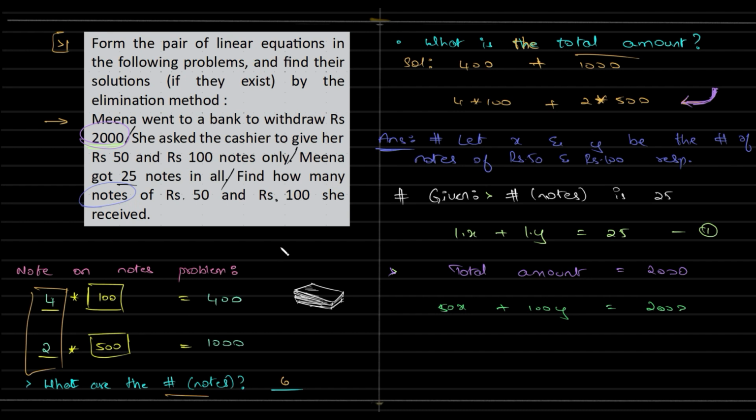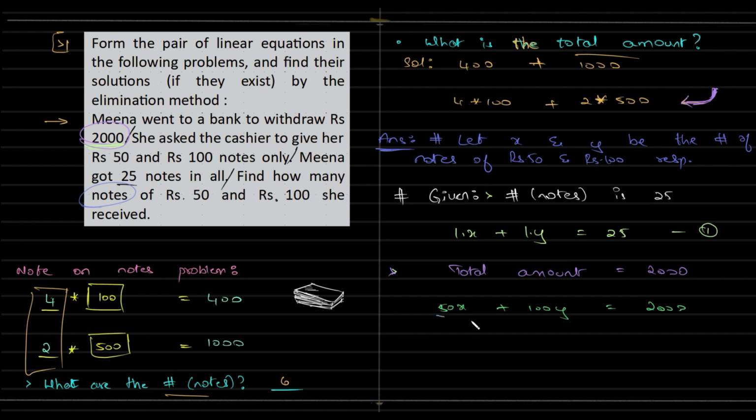How can I reduce this? Is it in the simplest form possible? I always taught you guys this: whenever you write any given, see to it that it's in simplest form. So is this in its simplest form? Simple yes or no question? No, right? To reduce it to the simplest form, should I multiply or divide with a particular integer?